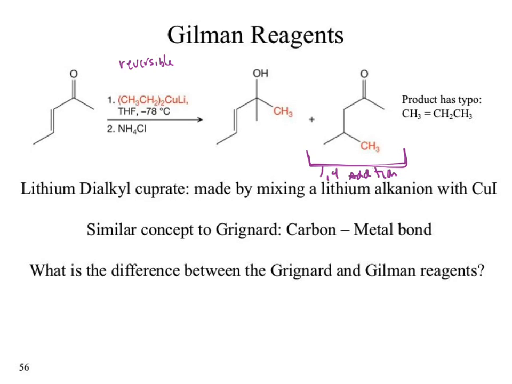The classic example to compare it to would be the Grignard reagent. The Grignard reagent was irreversible. What is the difference between those reagents that suggests the copper one is reversible? The metal. The metals are a big difference. It's copper versus magnesium. How does that change things?